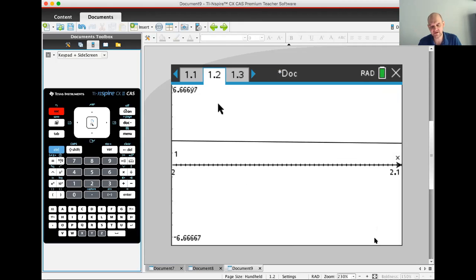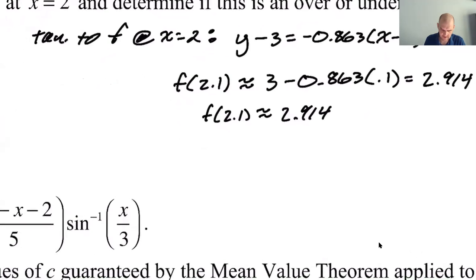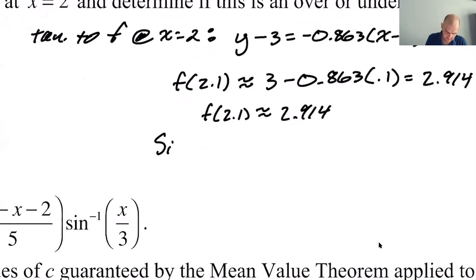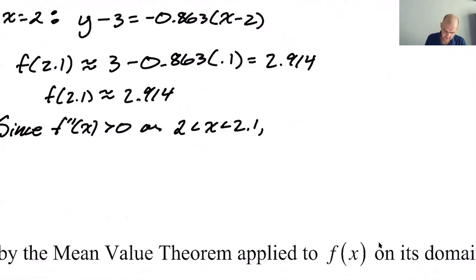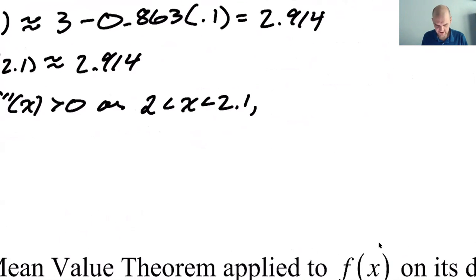So we know that the second derivative is positive. That's what the calculator has told us. So I'm going to say basically that: since f double prime is greater than 0 on 2 to 2.1, you could just say that we're getting an underestimate, but I think it's better to give a little more information here, to make it clear.